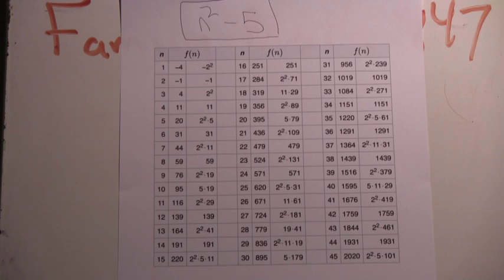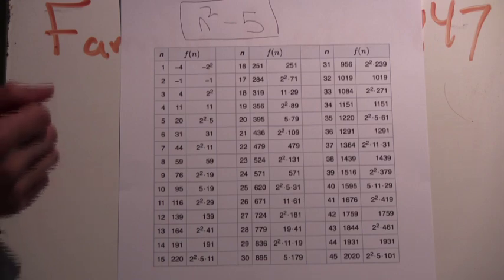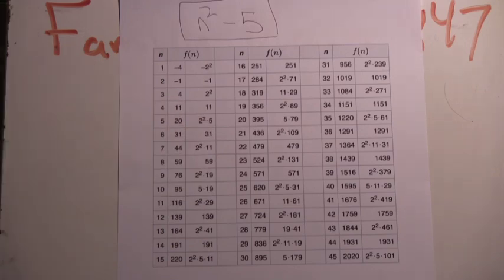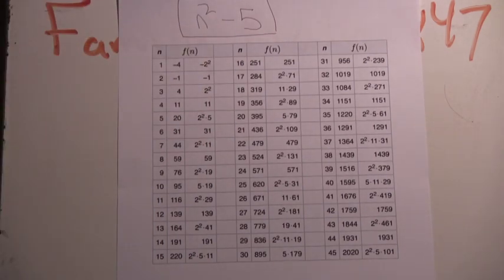Well, it seems to be that the only other primes involved are 2 squared and 5. Those are the only other ones I see. Except for minus 1 right here. Yeah, it's minus 1 and minus 2. We don't need to worry about those so much.